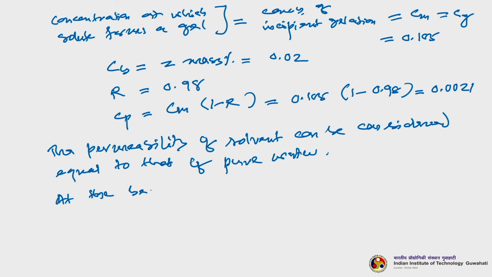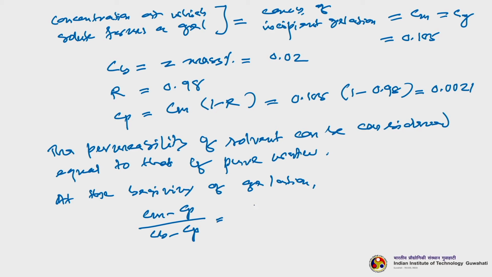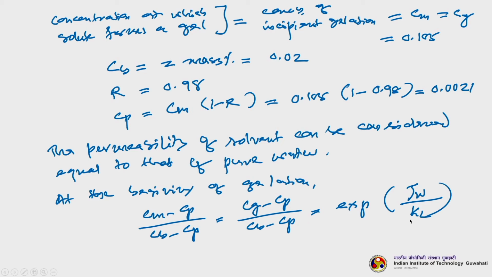So, we can write at the beginning of gelation, the concentration polarization modulus equation: (Cm minus Cp) divided by (Cb minus Cp) equals (Cg minus Cp) divided by (Cb minus Cp), that is exponential to the power of Jw by Kl, the mass transfer coefficient.